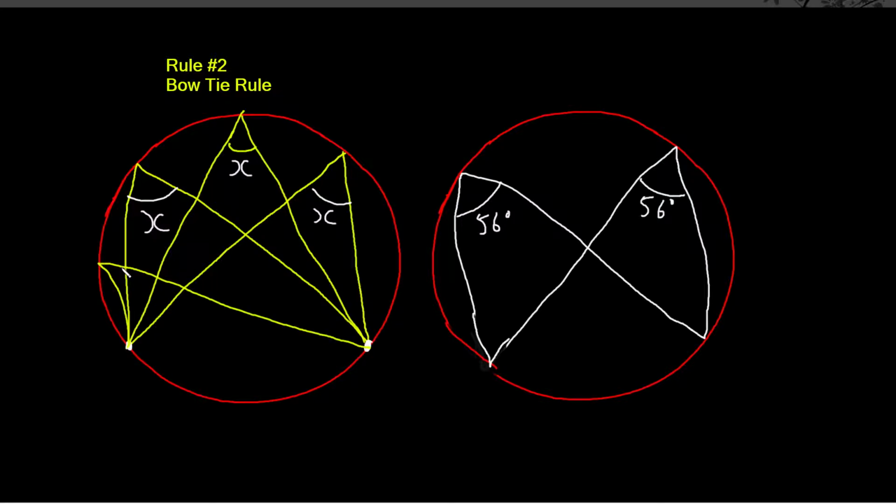As long as it lands on the circumference, then this is x, and so is this. These are all x. So if I were to draw here in the example, this angle here, wherever it lands, this would still be 56 degrees. That's your second rule.